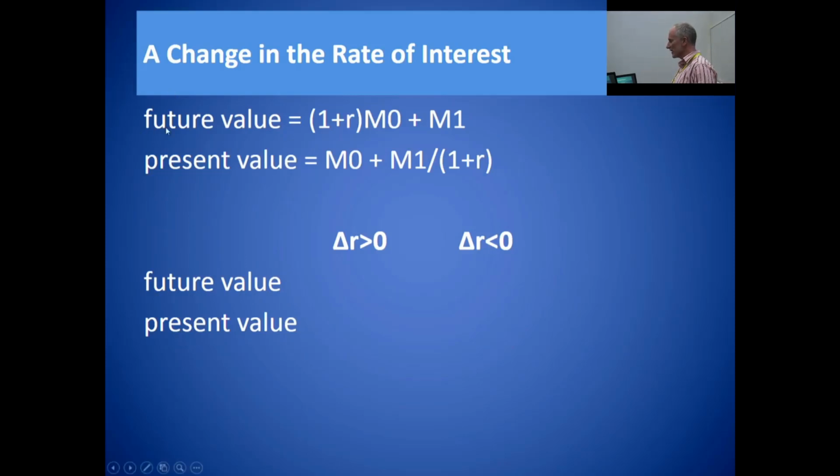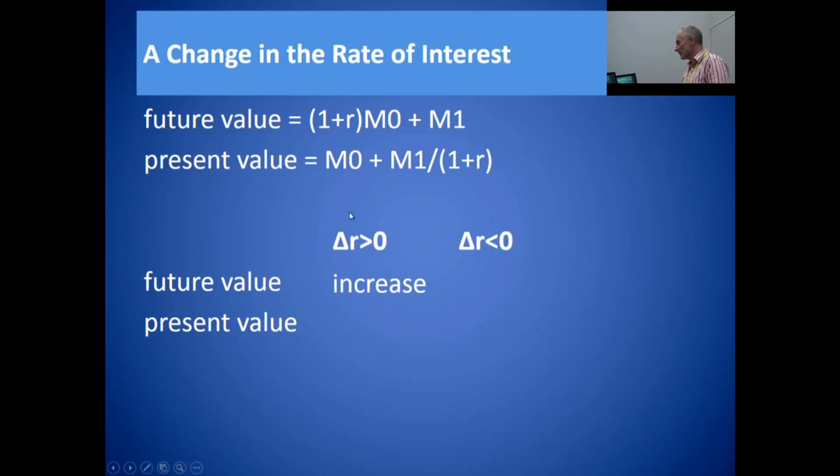Well, that's the future value here, and if the rate of interest goes up, the future value is going to also increase. Think what the future value is. That's your future income plus your savings and its return. Well, if the rate of interest goes up, your return on savings increases. And so, the future value will increase.